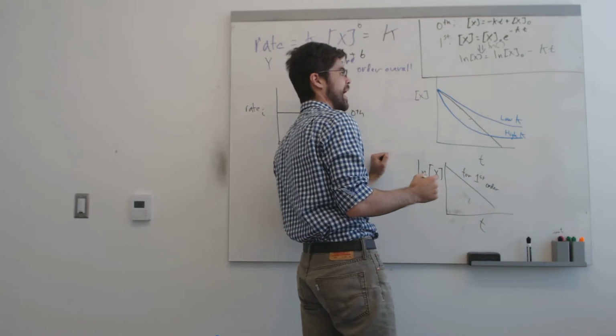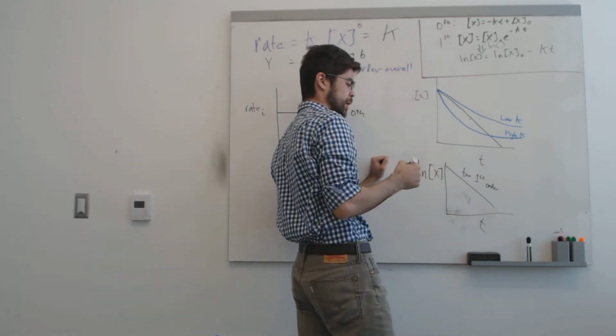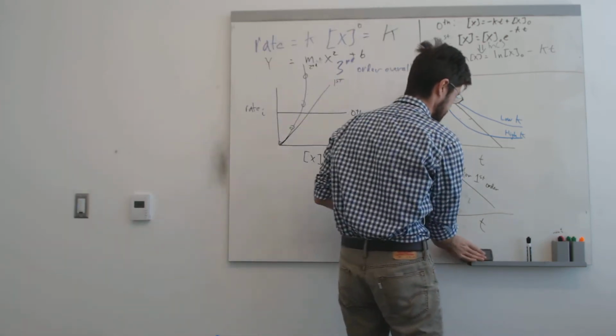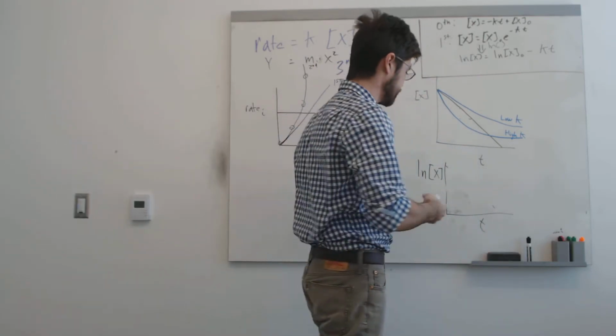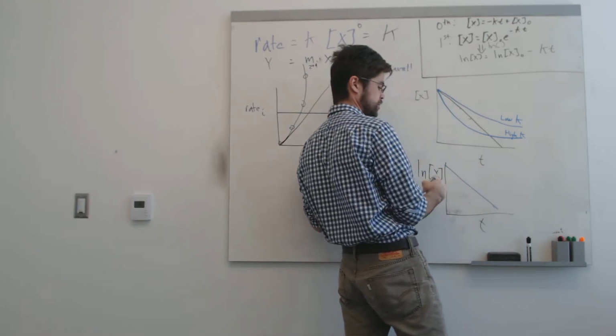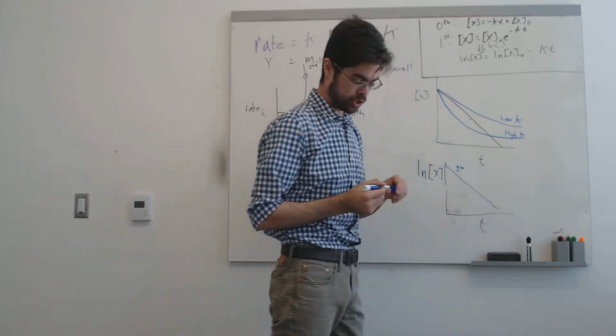If it's actually second order, if it's actually first order, and you try plotting the, you know what? I should make my colors coincide here. So a first order reaction, if you plot the natural log of its concentration versus time, you will get a straight line.